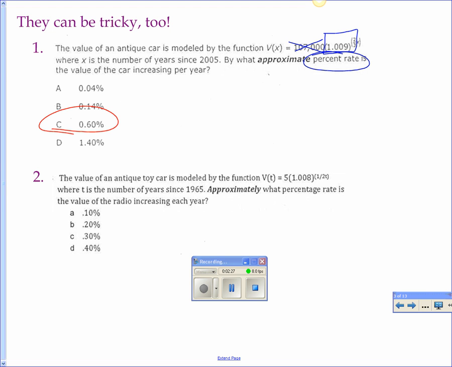So the first thing I did was I put 1.009 caret key to the 2/3 in my calculator, and then I minused 1, and then I multiplied by 100. So those were the steps I took to get the percent, okay?